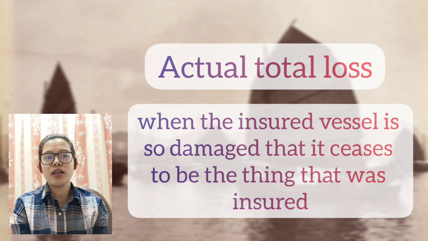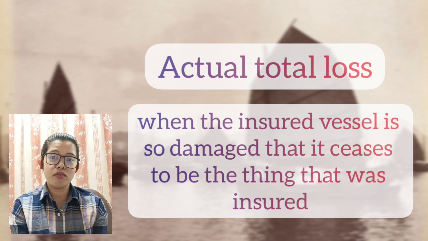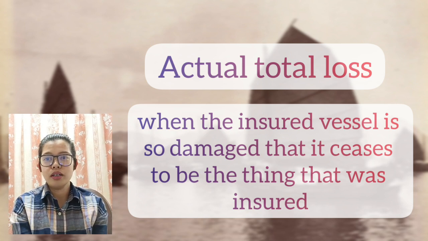This occurs when the vessel is destroyed or so damaged that it ceases to be the kind of thing insured, or where the assured is irretrievably deprived of the vessel. Meaning total loss. So, the vessel sunk and it cannot be retrieved. So, that is an actual total loss.